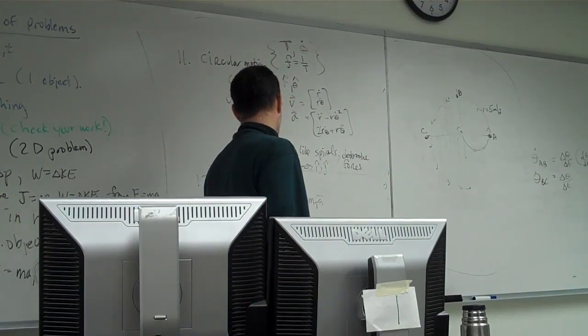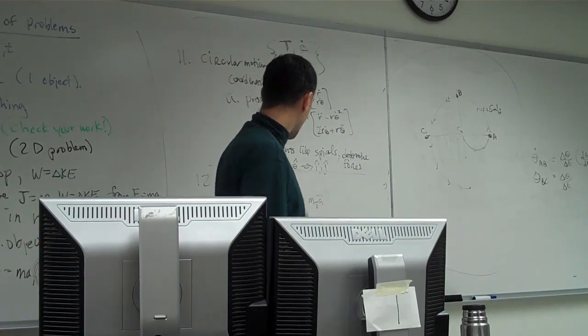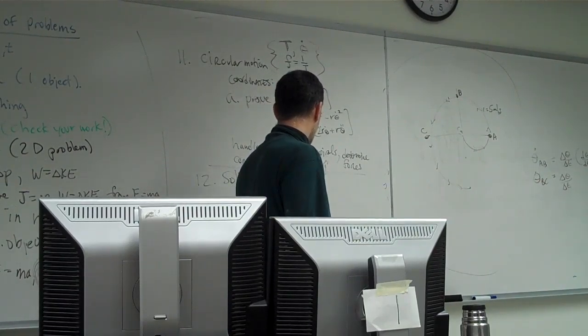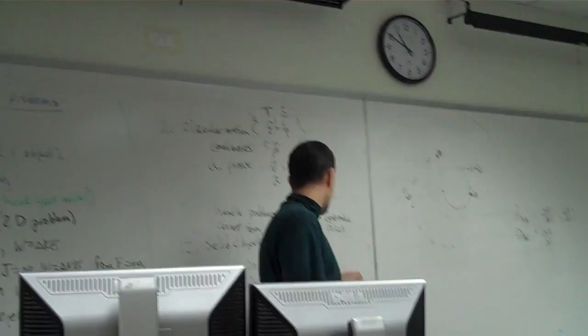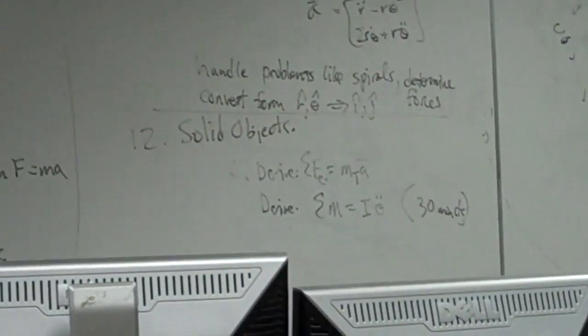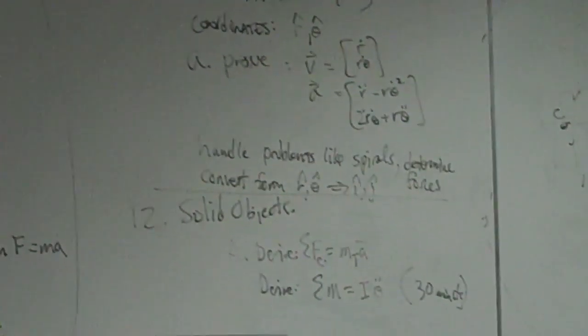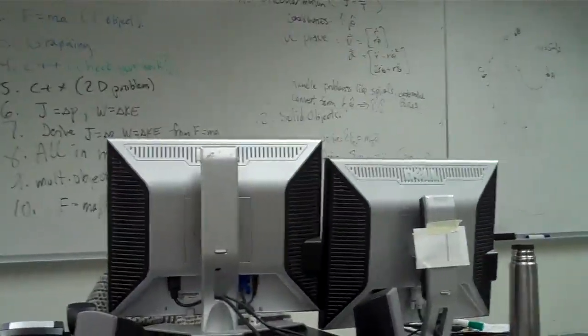You should be able to derive that. This, though, would be a 30-minute problem. Not because I'm expecting, if you knew exactly what to do, if you memorized it, it would take you 5 minutes. But if you had to think through it and kind of work some stuff out, that could potentially take 30 minutes.